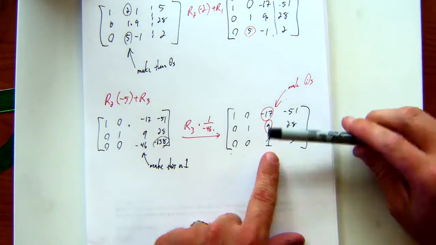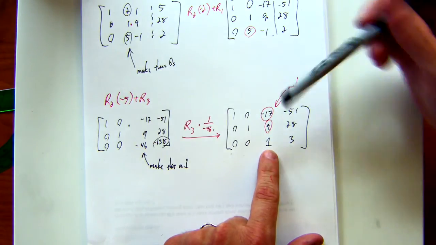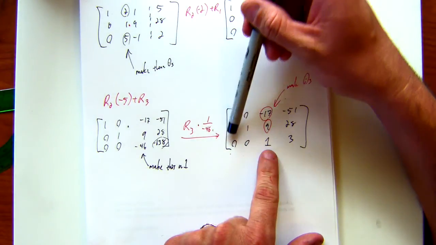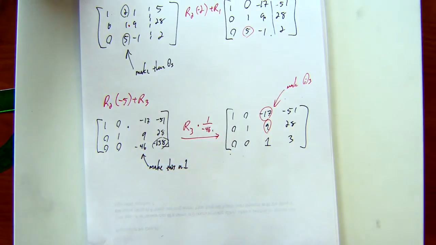But the other reason why is if I use one of the other rows, then when I multiply it by this number and then add it, I'm going to start changing these first 2 columns. Since I've already got the diagonal, once you've got a diagonal, you just want to use the one in that column. Because if I didn't use this row, and I did my operations, I'd start changing these numbers. And I don't want to change those numbers, because they're already in the form that I want.